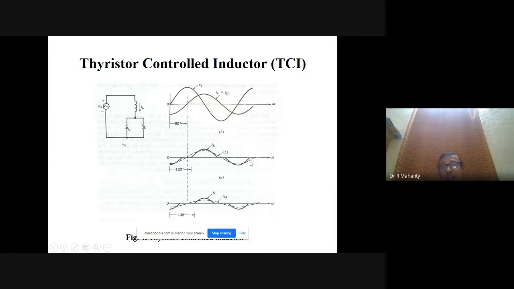If we take a larger value of alpha, suppose 135 degree, you see that the fundamental component has reduced. So if the fundamental component is reduced, the effective value of inductance will also change. This value of inductance will be maximum near alpha equal to 90 degree, and minimum near alpha equal to 180 degree.